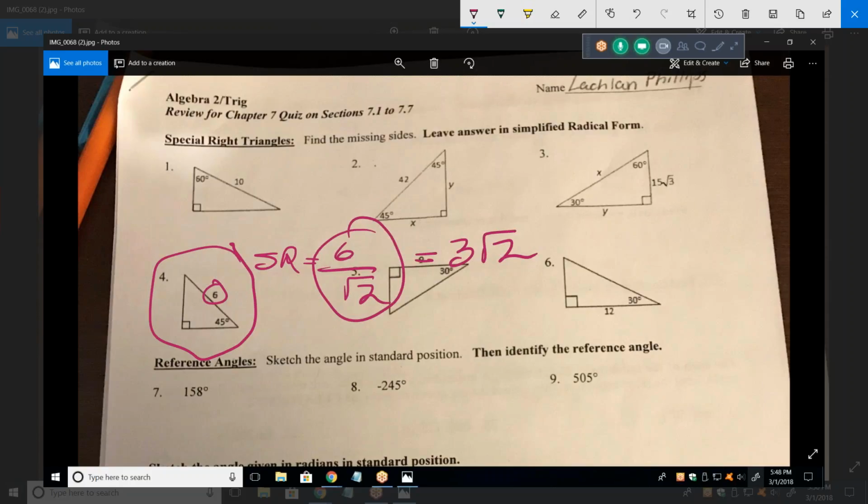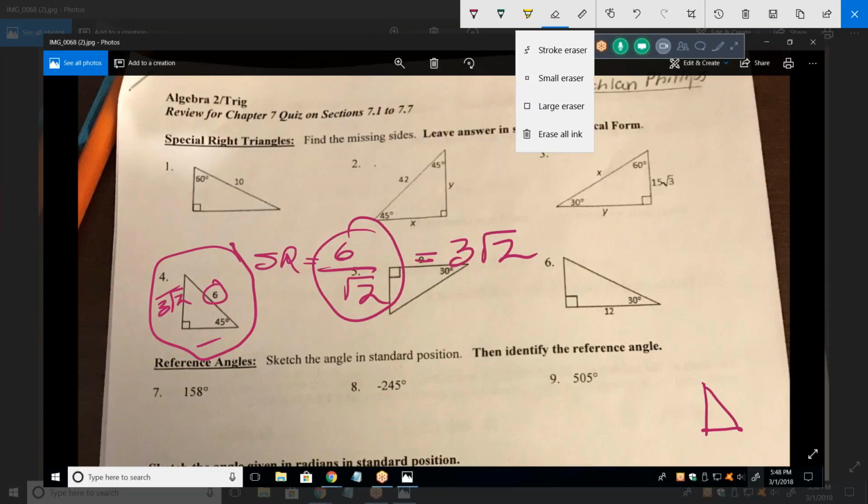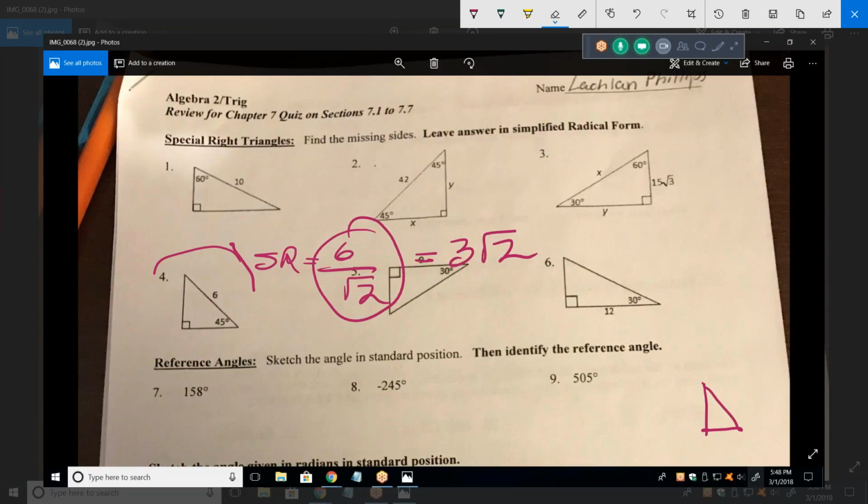Got to get that concept down because you're going to use it over and over and over. Now, to figure out what these sides are, you take that similarity ratio and you multiply it by what the sides were down here. Hold on, let me label this triangle down here.